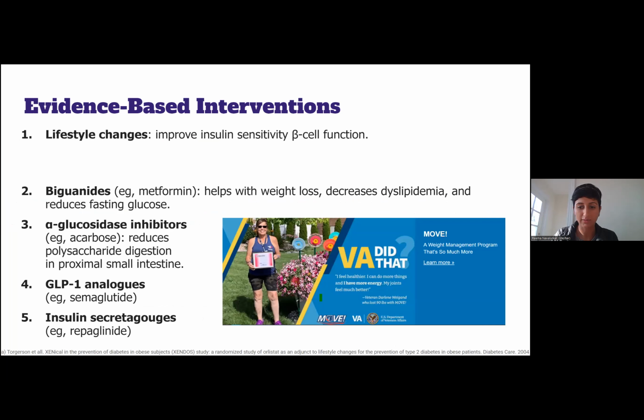Okay, so if you see rising fasting insulin or frank A1C increases, these are some evidence-based interventions that you can recommend to your patients. I have a lot of anxiety about talking to patients about lifestyle changes. I don't want to feel like I am attacking anybody's schedule or habits, and people are very sensitive about their weight.